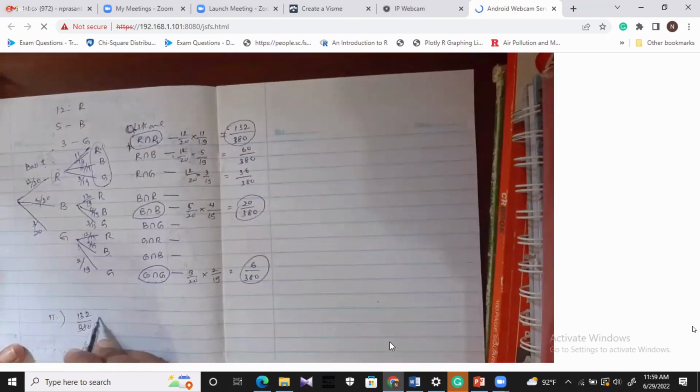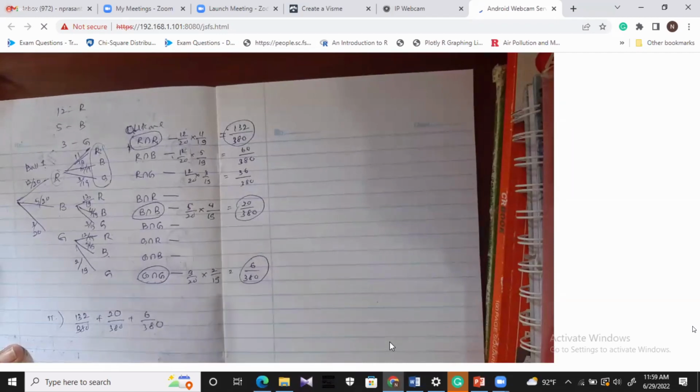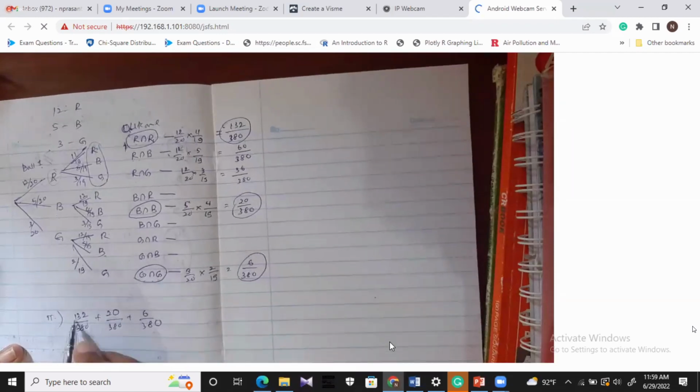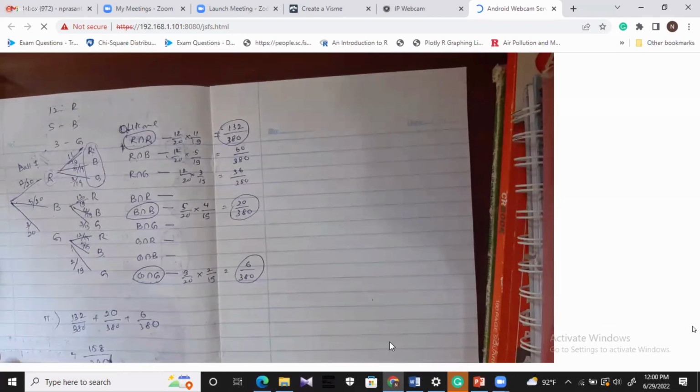You need to add these three probabilities. 132 over 380 plus 20 over 380 plus 6 over 380. Finally, you will get 132 plus 20 is 152, plus 6, 158. You can simplify this.